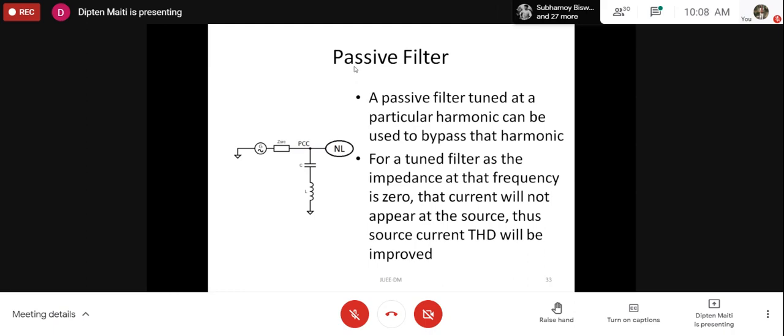Otherwise, I can give it to you. However, the point of common coupling may be considered to be the point where most of the loads are connected. If you are, let's say, connected as one of a few households, then the point where most of the households are connected, from your point of view, can be considered the point of common coupling. Similarly, if you are considering another nonlinear load or a passive filter connected to bypass the harmonic somewhere where several other loads are also connected, that can also be considered a point of common coupling.